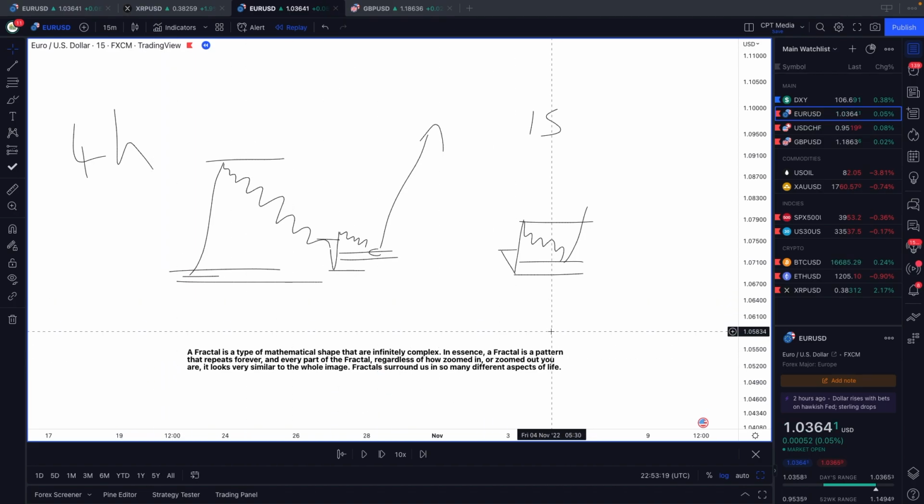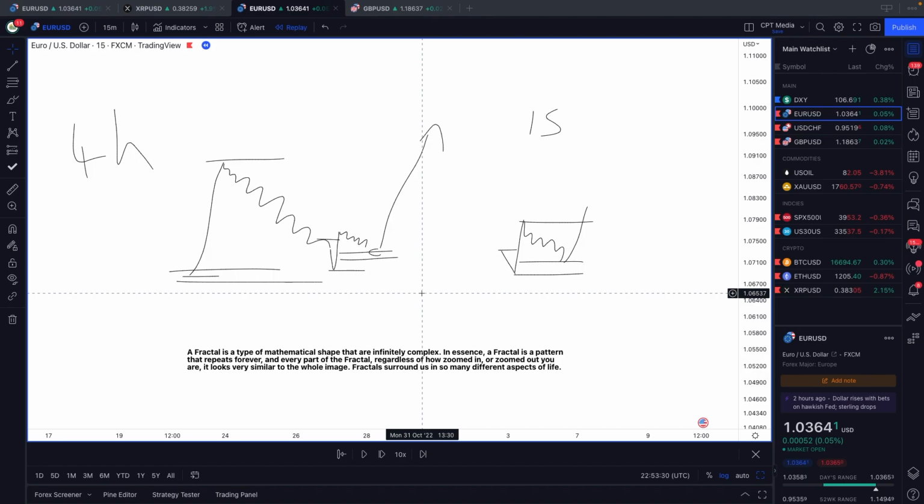Fractal patterns repeat themselves, whether it's on the 4 hour, the 15 minute, the 5 minute, or even the 1 minute. They are very repetitive, and understanding fractals and using them as confirmations can refine your trading and give you much better premium high probability setups that have a much increased probability of playing out in your favor, also at the same time increasing your reward.